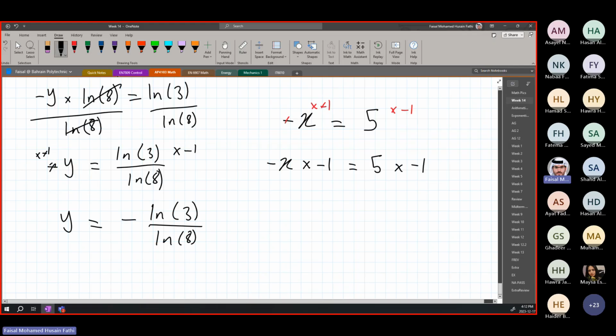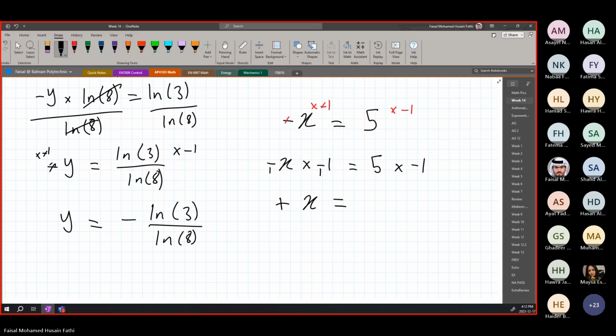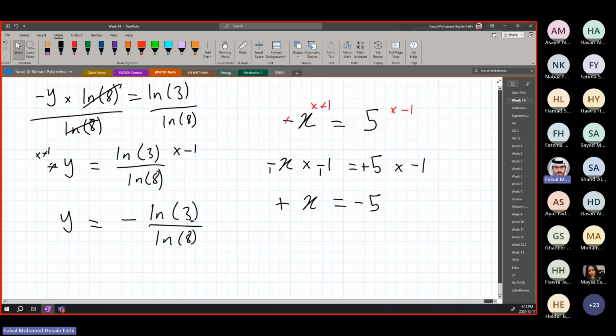If we simplify this, minus times minus becomes plus. x times 1 is x, is equal to plus 5 times minus becomes minus, 5 times 1 is 5. That's all I did. That's how you multiply.